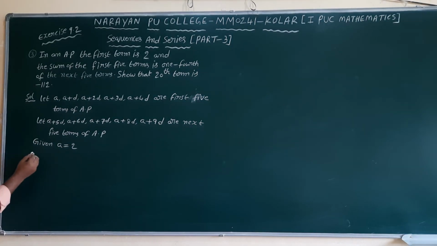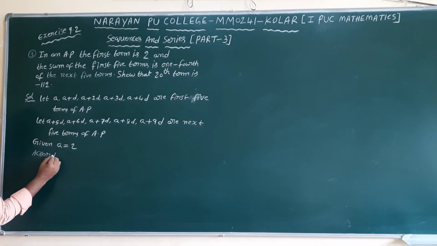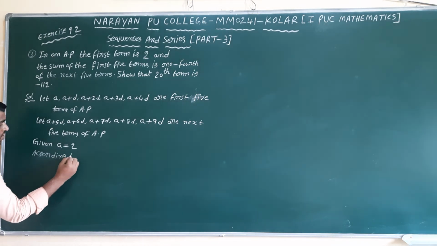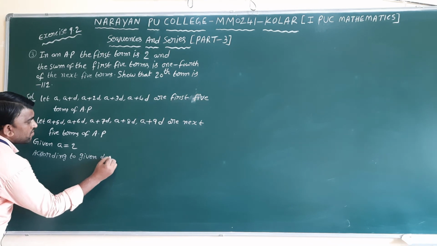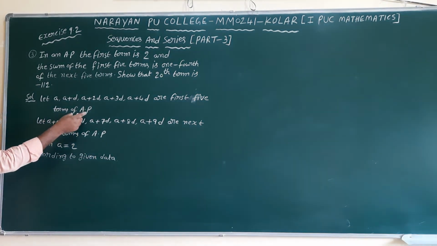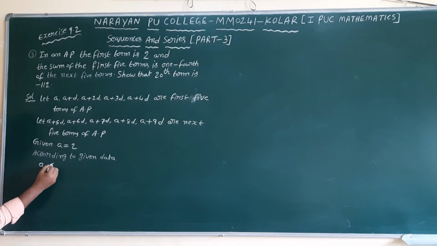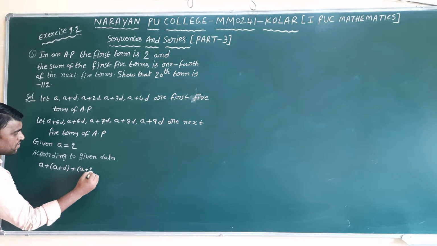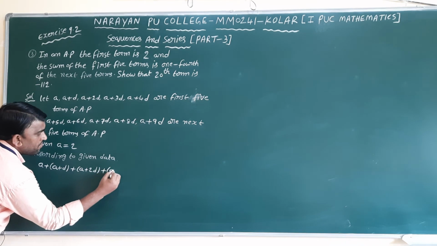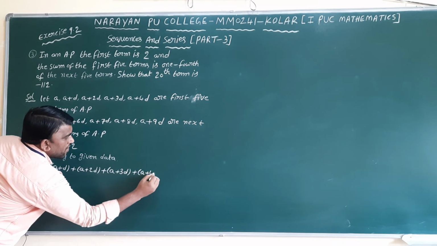Now according to the given data, the sum of the first five terms, sum is nothing but addition, is A plus D plus A plus 2D plus A plus 3D plus A plus 4D.